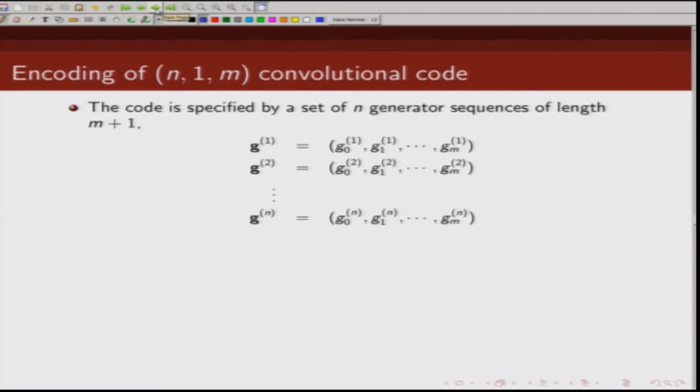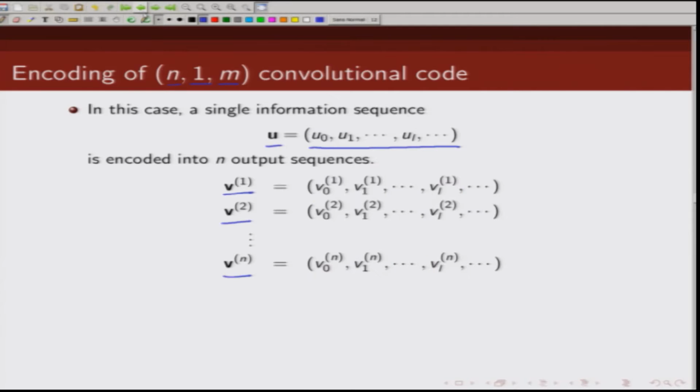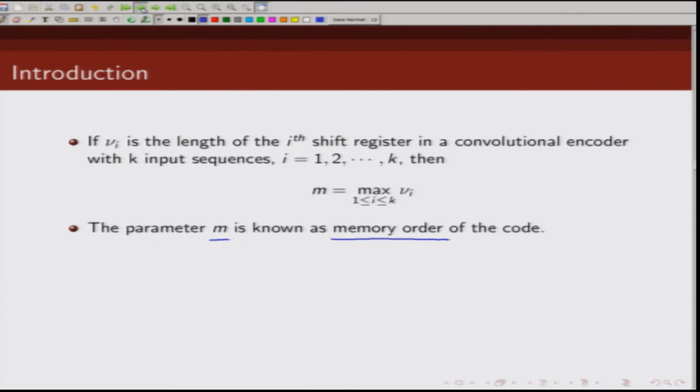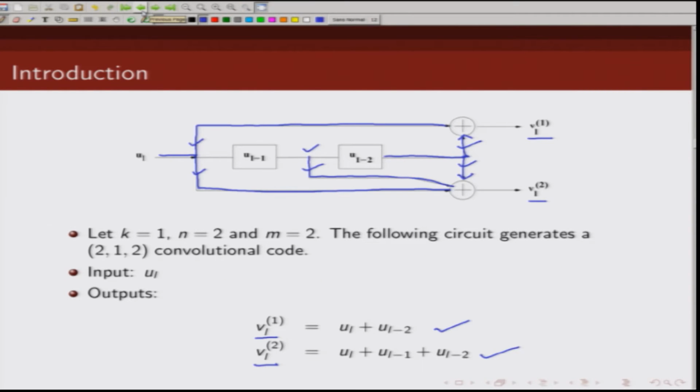Now, how do we generate these n bit vectors from this one input? If you just go back to the example that we had shown, look at this example. How did we generate two coded bits corresponding to one information sequence?